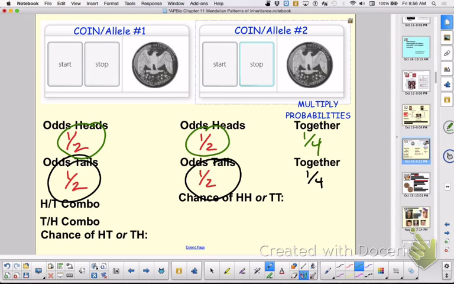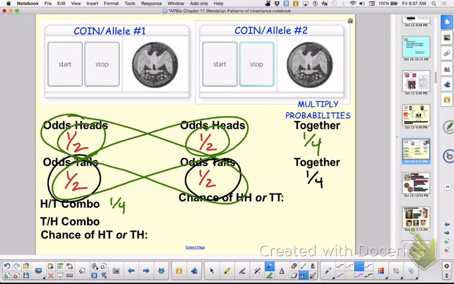What about a heads tails combo? So heads and tails. What were the odds of heads tails? 1/4. But I could have also gotten a tails heads. What were the odds of that? 1/4. So it doesn't matter about the order, right? So I could have gone heads tails or tails heads.